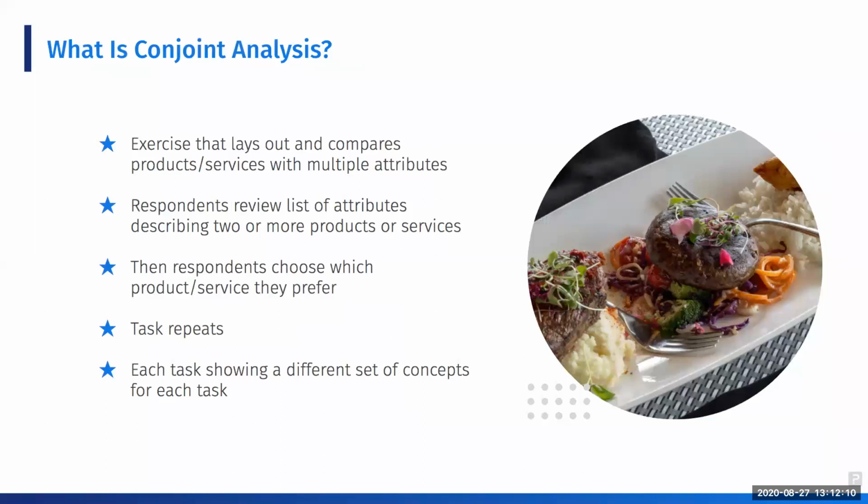So now we move over to conjoint analysis. Very similar to MaxDiff, but a little bit more complex than MaxDiff because there are going to be more dimensions involved. The way it works is, this is an exercise that lays out, rather than comparing individual items across each other, different products or services that contain multiple different attributes, or contain items across an array of attributes.